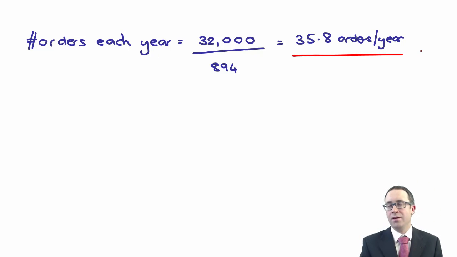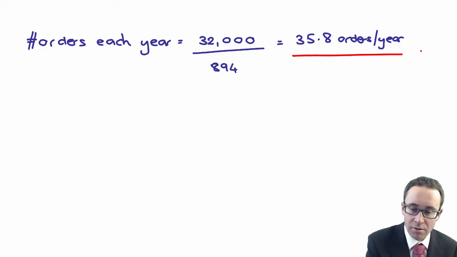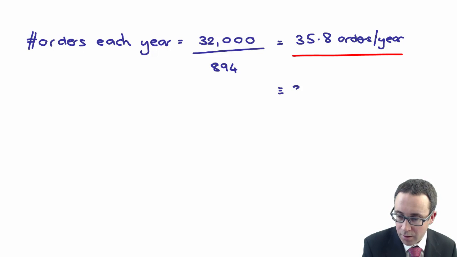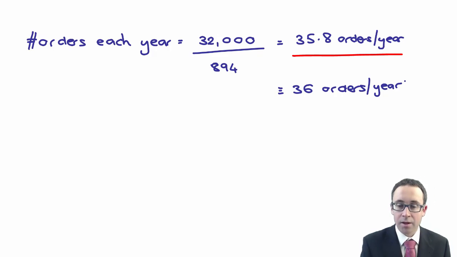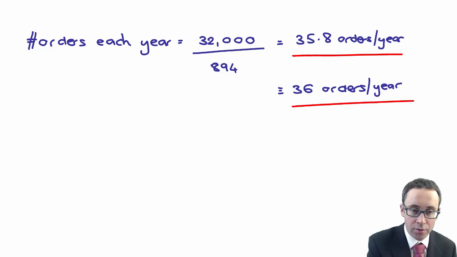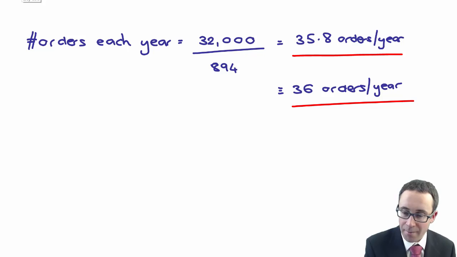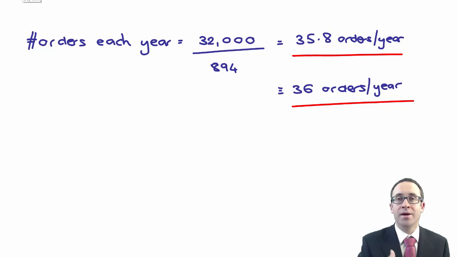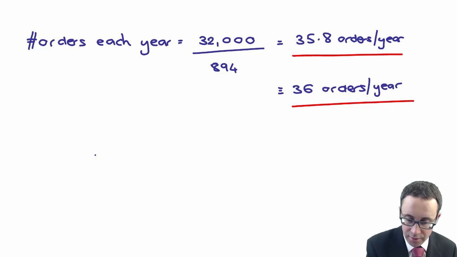So effectively, you'd round that up, wouldn't you? If you had 35 orders, you wouldn't get the 32,000 in terms of your goods. So you would have to round that up to 36 orders per year. If you want, you can then work out how often you need to purchase your inventory.